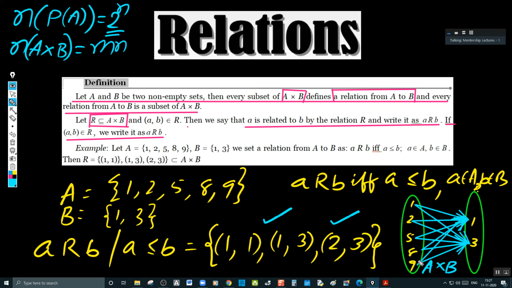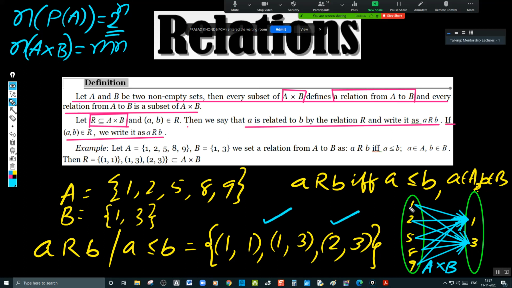Here it is 5 elements in set A and 2 elements in set B. So totally you'll get 5 into 2, 10 elements in A cross B. From these 10 elements, how many relations can be formed? From 10 elements, it will be 2 power 10. Remember that.